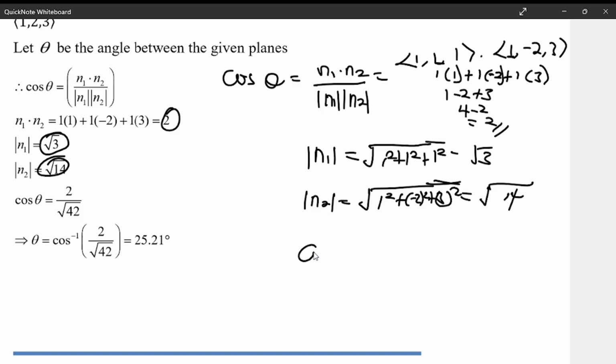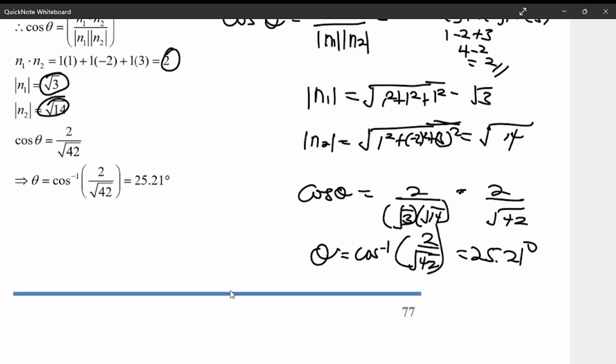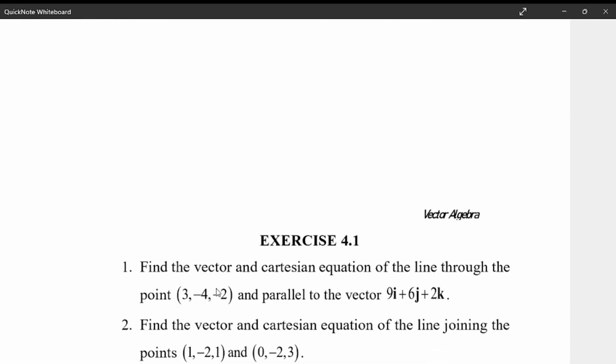So our cos theta equals n1 dot n2, which is 2, over root 3 times root 14, and that gives us 2 over root 42. Finding the cos inverse of 2 over root 42 gives us 25.21 degrees. So that's the angle between these two planes.